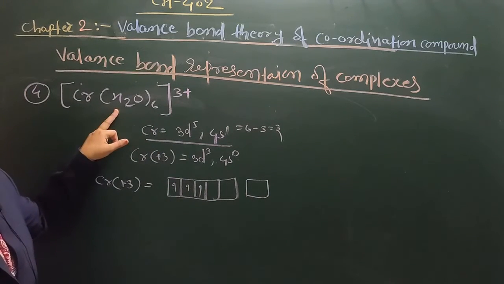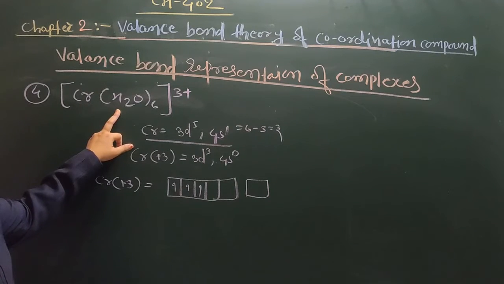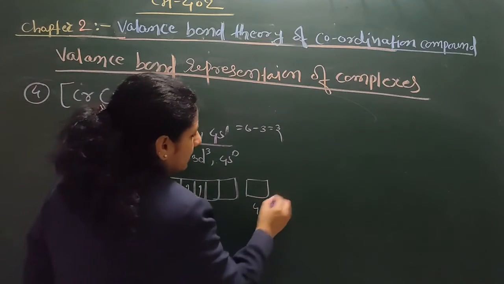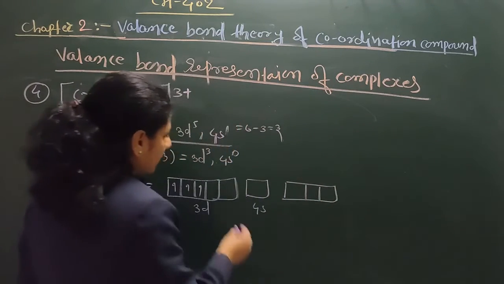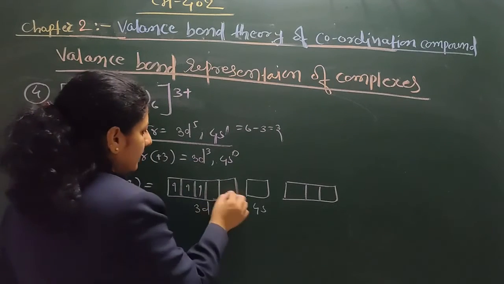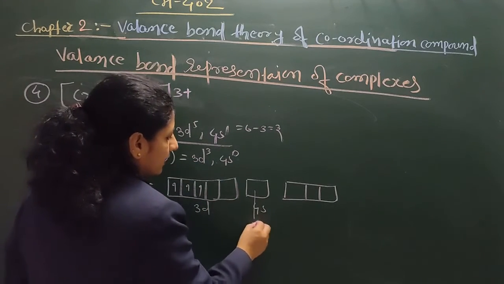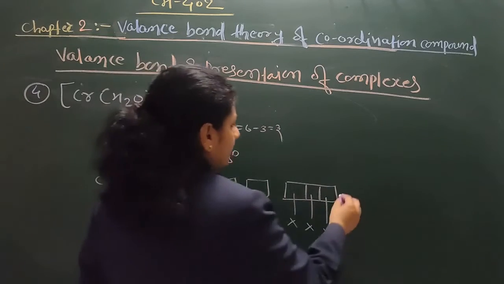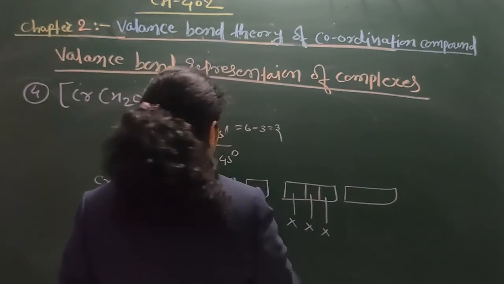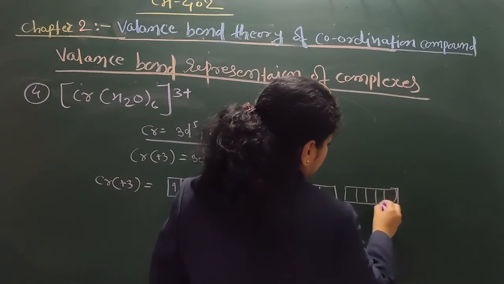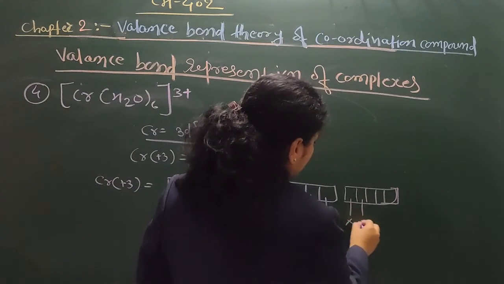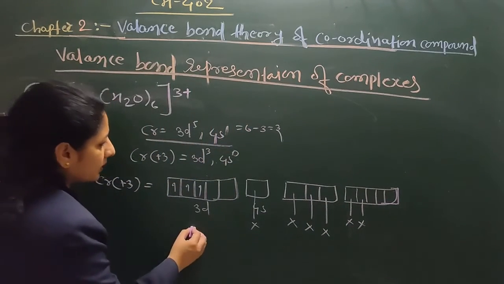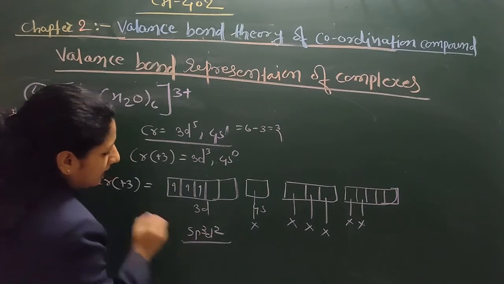As we know, there are 6 water molecules, and water is a weak field ligand, so it does not enter the d orbital but directly enters the 4s and 4p orbitals. Since more orbitals are needed, we also use 4d orbitals, so 2 more orbitals, 1, 2, 3, 4, 5, 6. The X denotes the water molecules. So the hybridization is sp3d2 here.